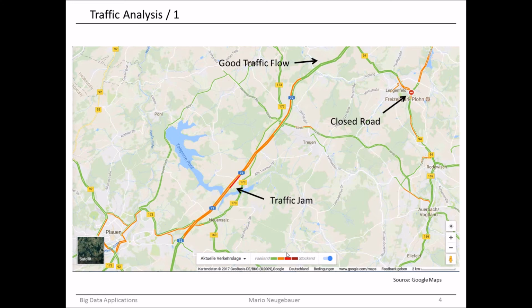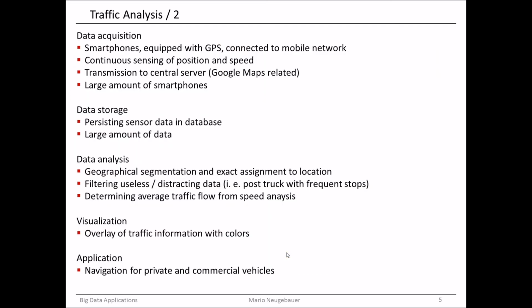But what is not shown here is the actual average speed. So what you need to determine in your data analysis is kind of average data flow. Therefore, you analyze the average speed on the street over all time, and then you somehow relate that to your current speed, which is reached by the cars on this street segment.